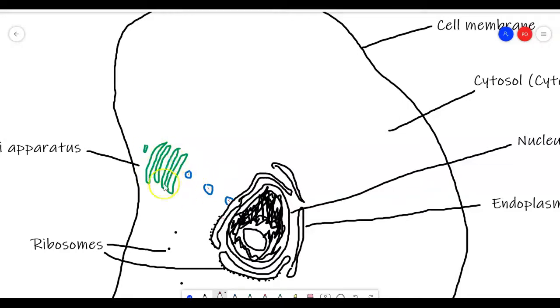Here the vesicle fuses with the membrane sacs of the Golgi apparatus, and the protein is matured before it is sent to the membrane. So you make several parts of a protein with different ribosomes. They all get sent here, and then they get assembled and matured before they get sent to the plasma membrane. All these membranes are the same kind of structure. That's why they can be fused with each other.